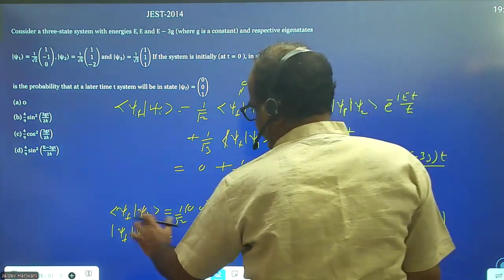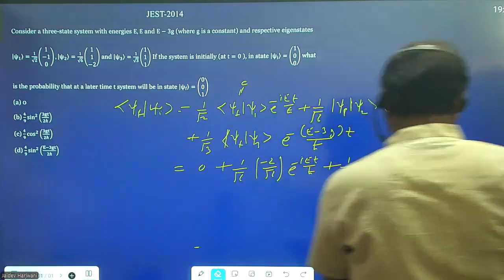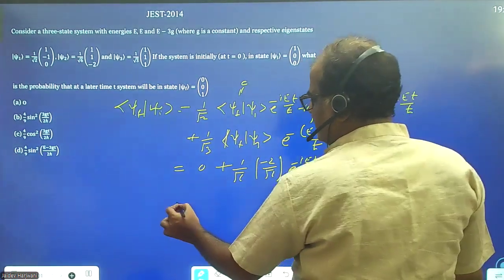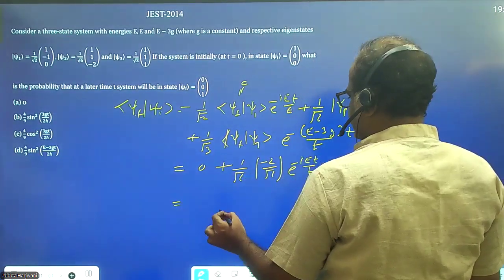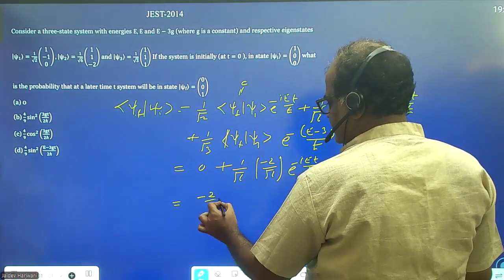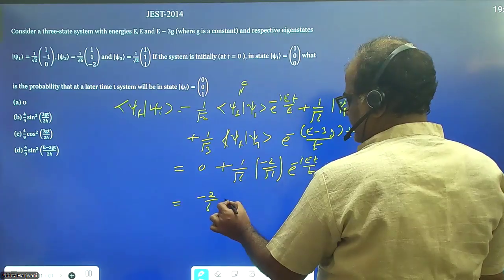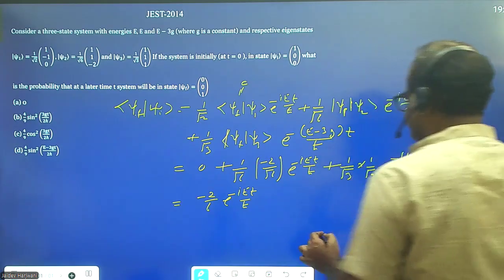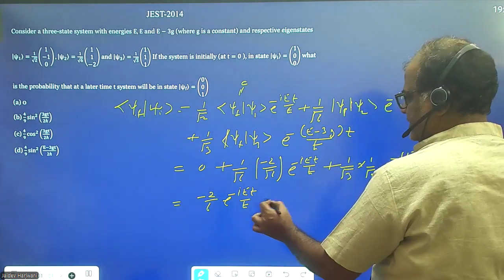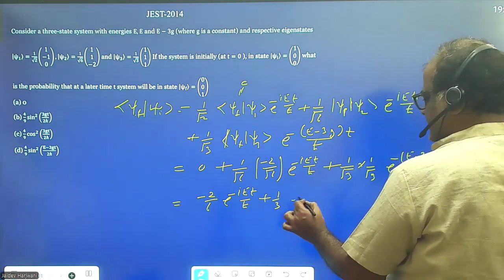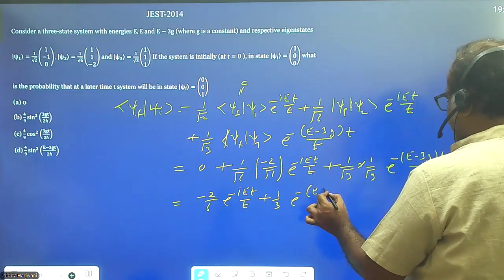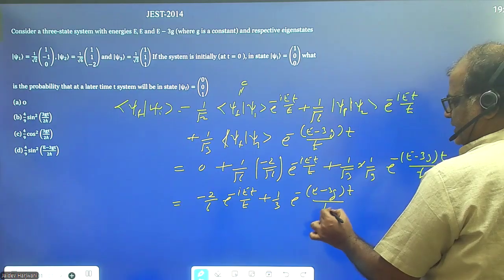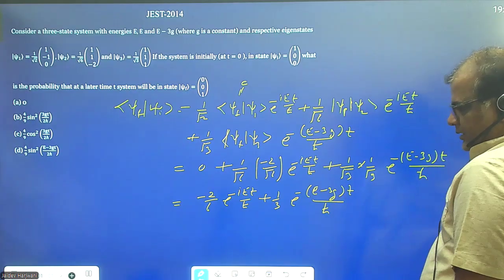Now we can find the amplitude, and from amplitude we can calculate the probability. So now this will give me minus 2 by 6 e power minus iota E t upon h cut, and this becomes 1 by 3 e power minus E minus 3g t upon h cut. Now we can simplify.